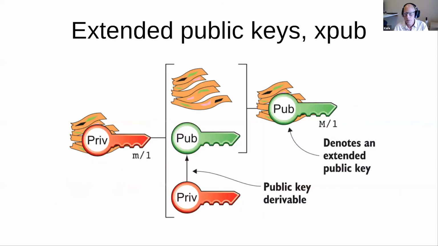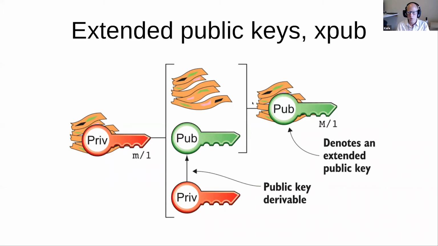That's why we use something called extended public keys. An extended public key is just like an extended private key, but it only contains the public key instead of the private key. And from this extended public key, you can actually derive the same set of keys, but the corresponding public keys to the private keys.